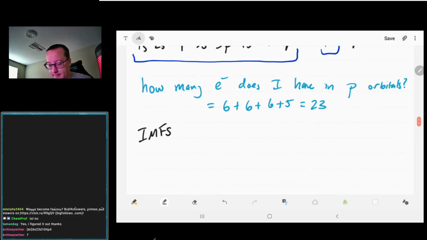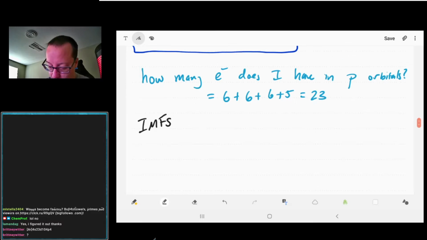Alrighty, let's talk about intermolecular forces. Crash course in it. We've got kind of 4 forces that we're dealing with here.